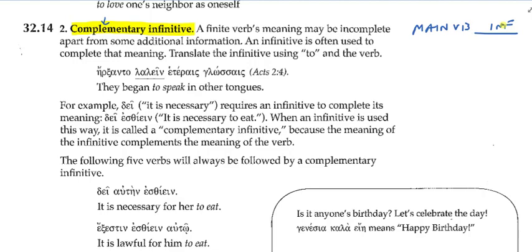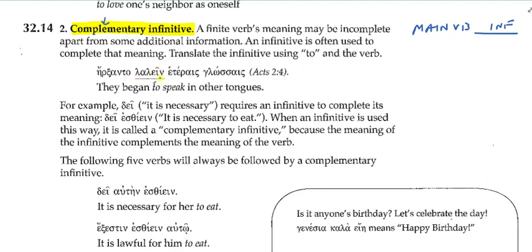It is necessary. What is necessary? Well, it is necessary to stop lying, right? It is necessary to eat. This is a kind of main verb that requires an infinitive as its complement. Okay, so Acts 2:4, he gives you an example. Erxanto, they began, and look at my infinitive, lalein.